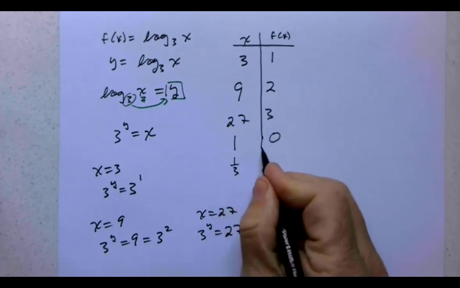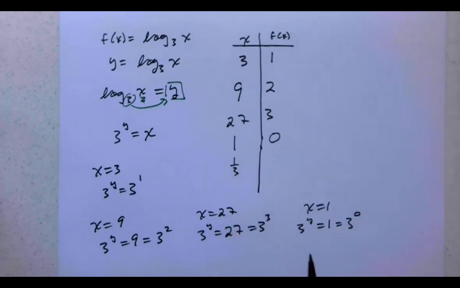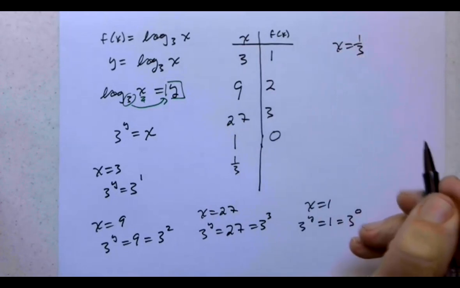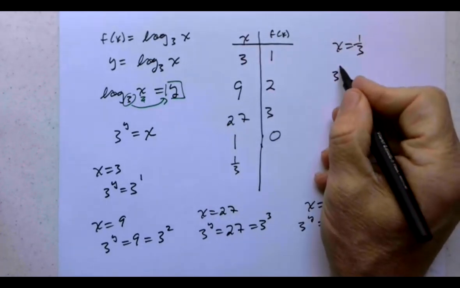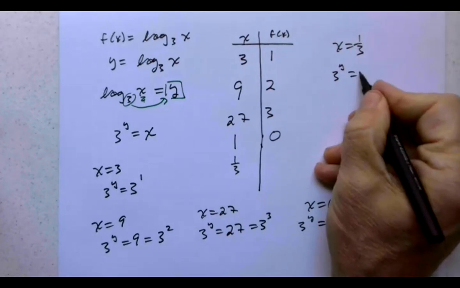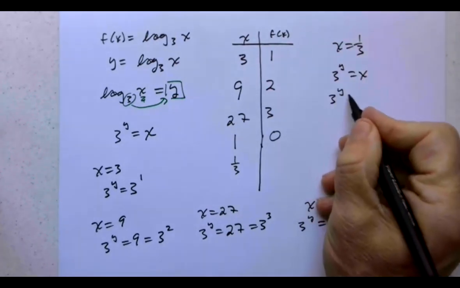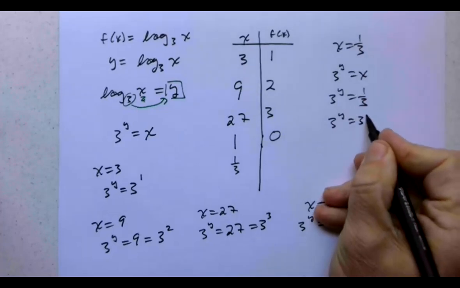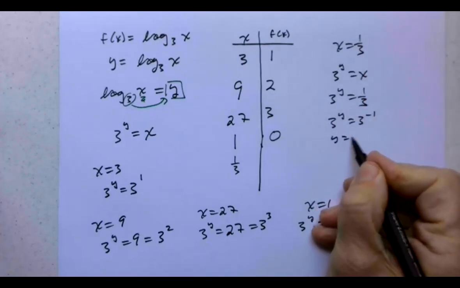Then I have 1/3 here. So if x equals 1/3, right, 3 to the y equals x. So 3 to the y equals 1/3, but 1/3 is 3 to the negative 1. 3 to the y equals 3 to the negative 1, so y equals negative 1.